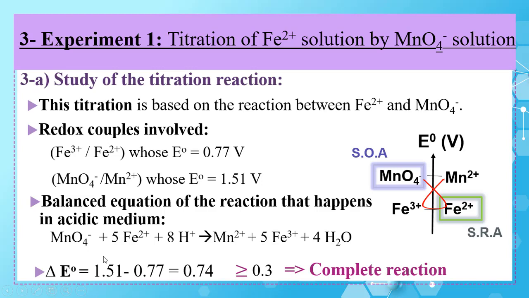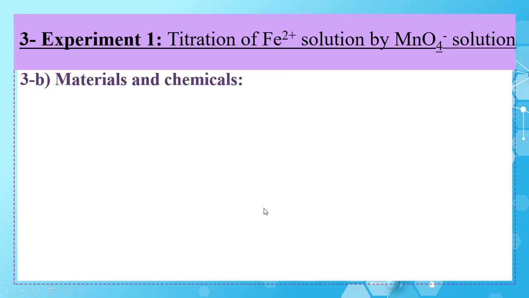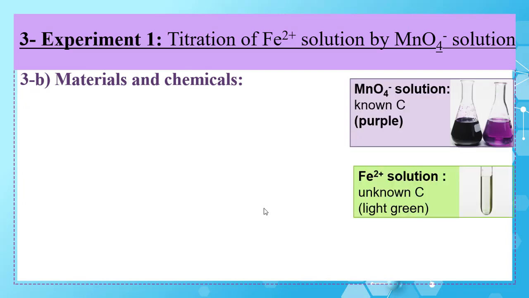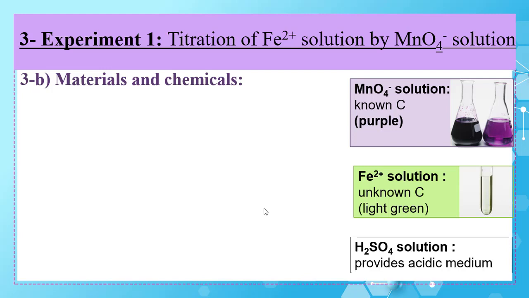From this balanced equation, we can notice that the chemicals used in the titration are MnO4- solution with purple color, Fe2+ solution with light green color, and H2SO4 solution to provide the acidic medium. Because in the chemical reaction we have H+, this reaction requires an acidic medium.